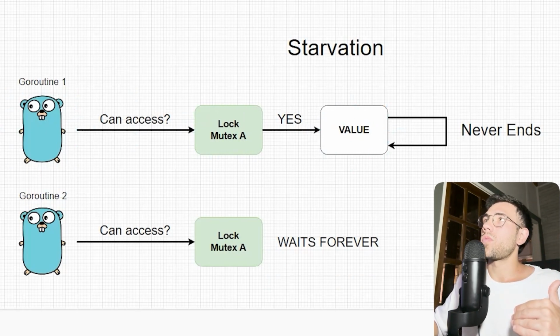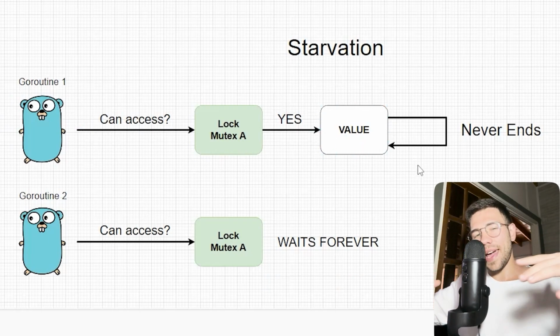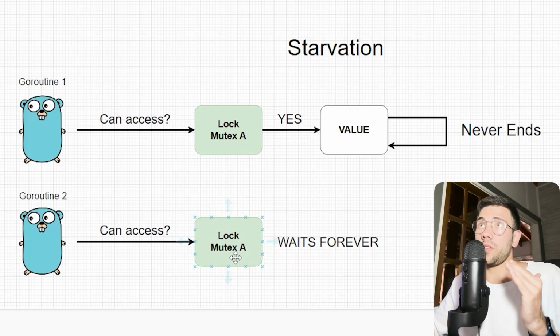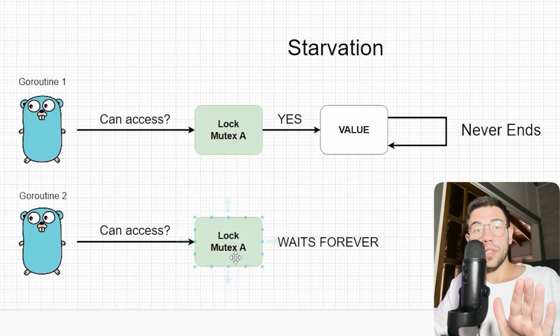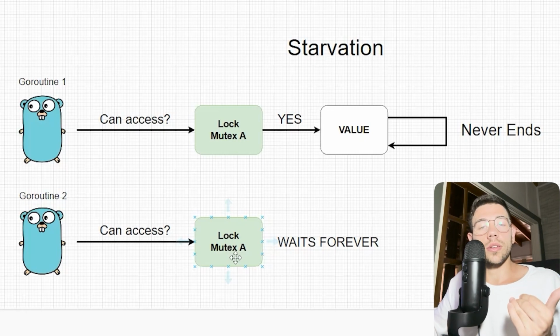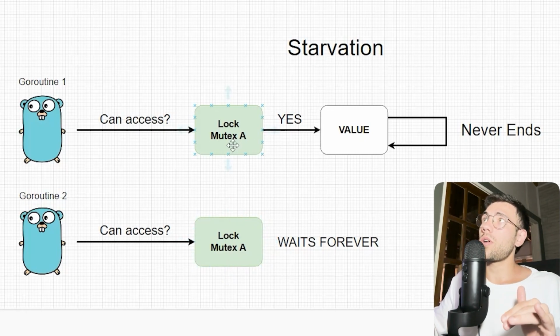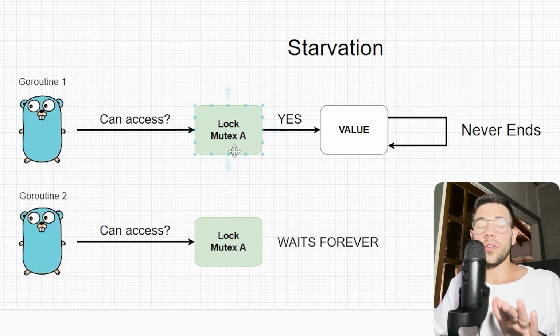It will use this value forever until the main program ends. So when this other goroutine tries to lock mutex A, the operating system will tell goroutine number 2 to wait here, because goroutine number 1 already has mutex A locked, so you have to wait here until goroutine number 1 ends.